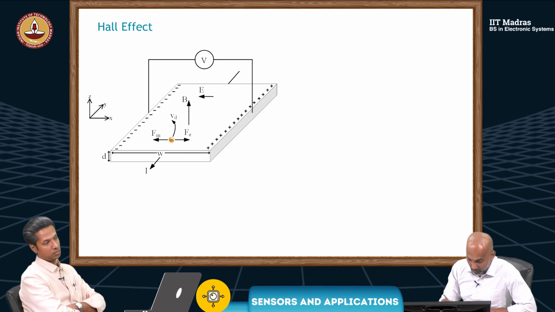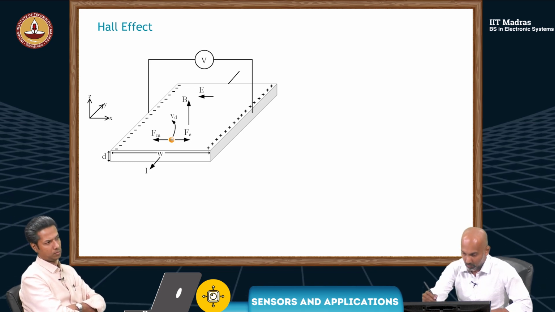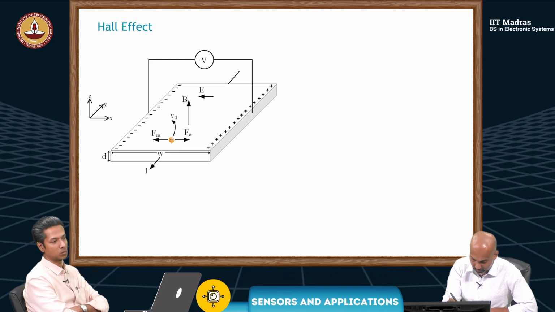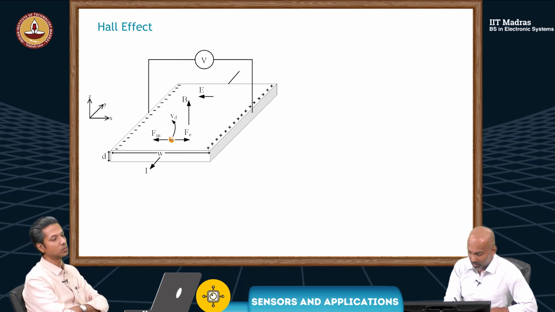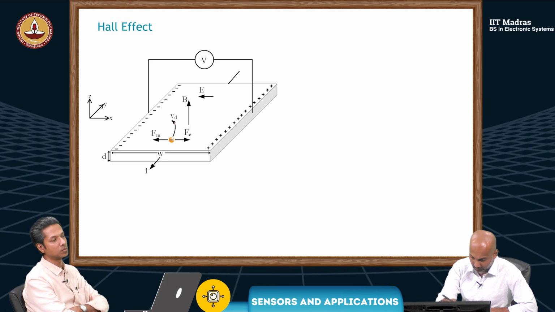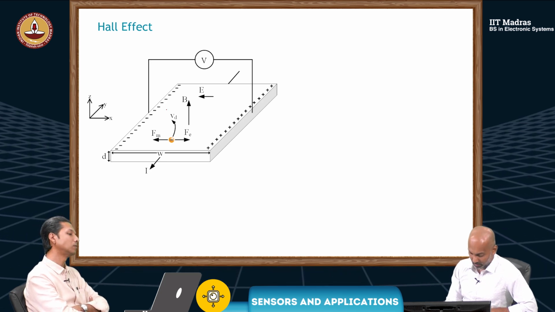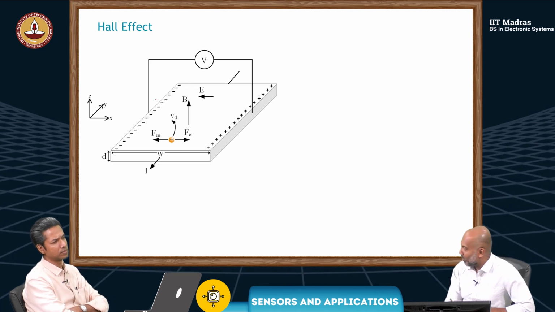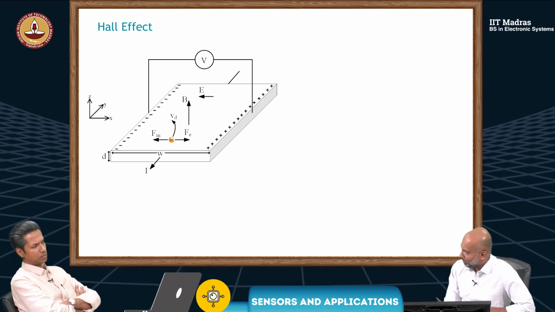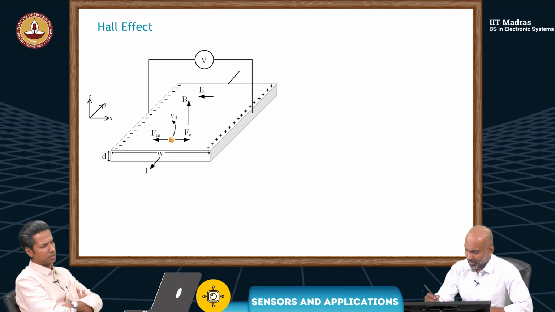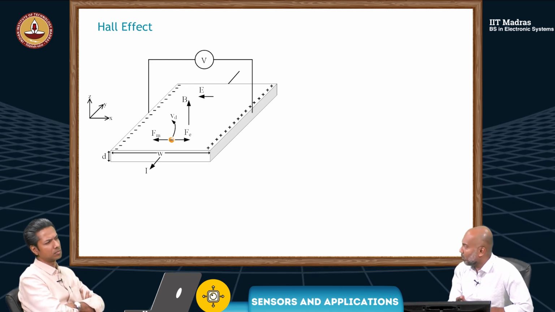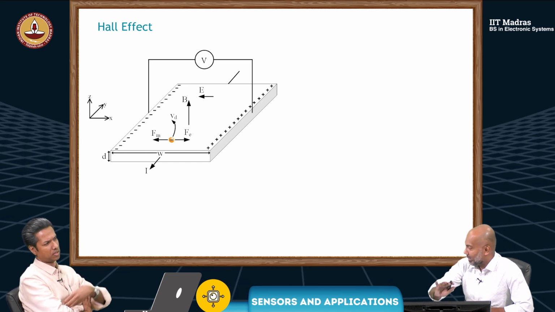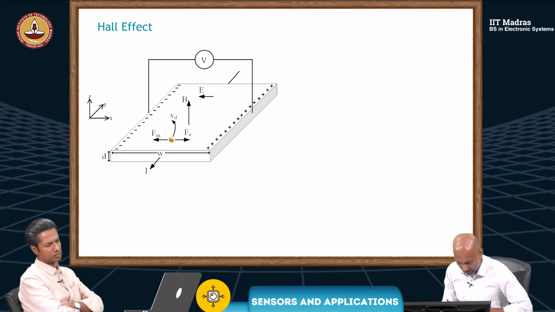Now, in the presence of a magnetic field, you see that this electron tends to drift in this direction, to one side of the conductor. Why? There must be some force, because otherwise how would this electron, which is supposed to travel straight, get deflected?